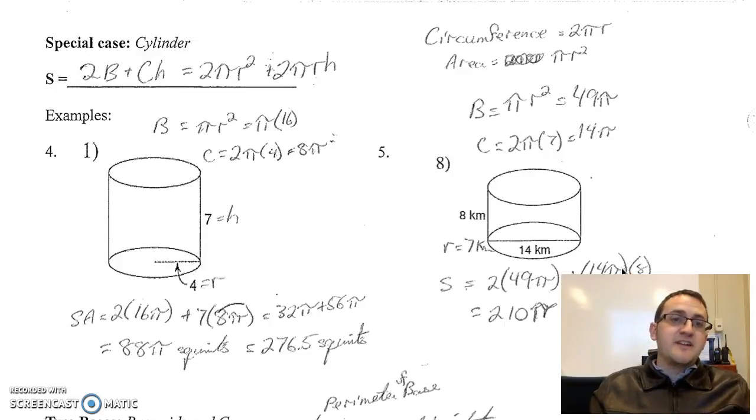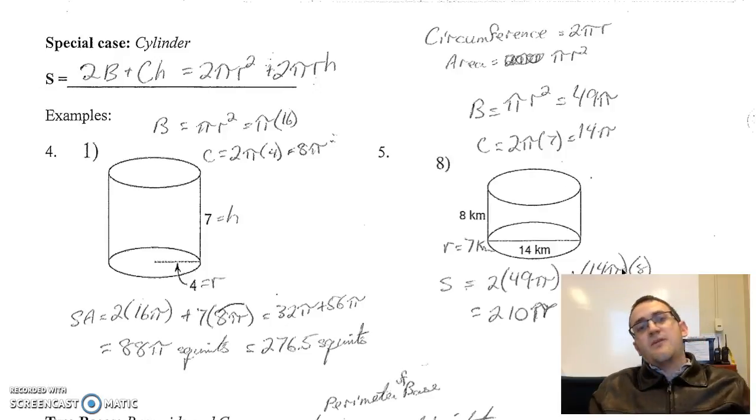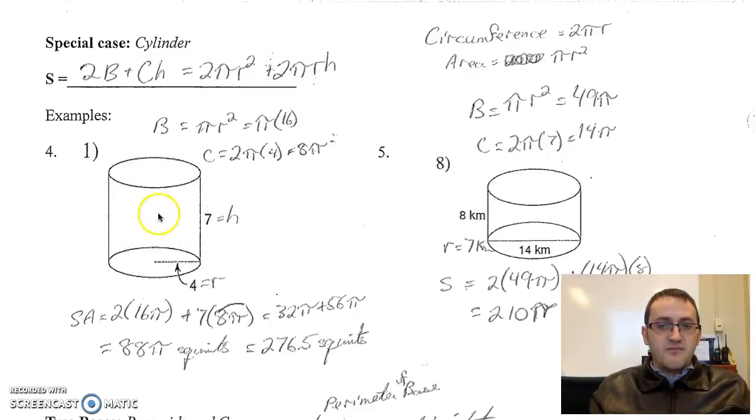Then I have a special case, which is a cylinder, where the area of my circle is pi r squared, and then the middle part of my cylinder, the part that's not the top and the bottom, I do perimeter, which is 2 pi r, which is circumference, times height. Then I can plug in, I got my radius, which is 4, and I got my height, which is 7.